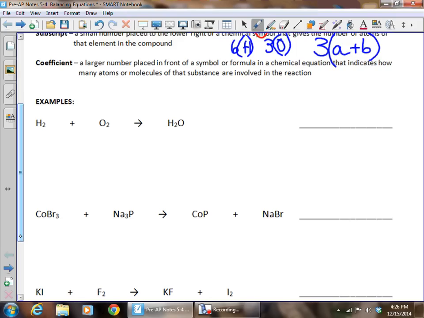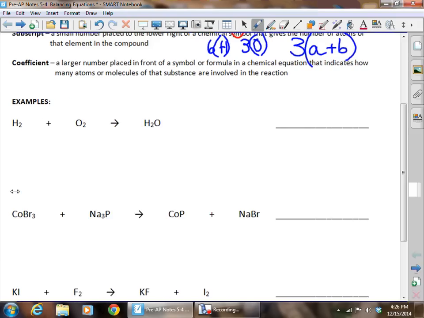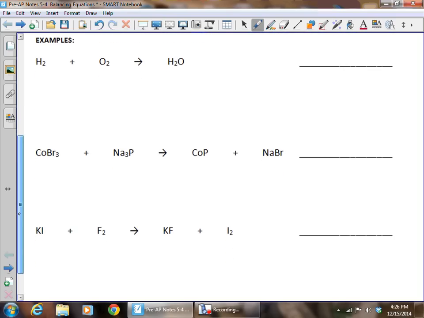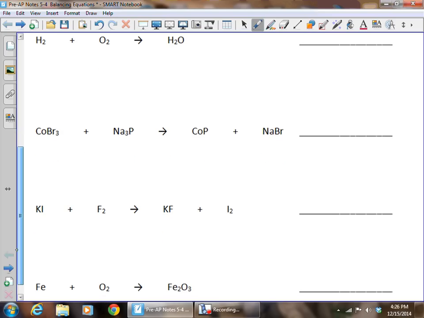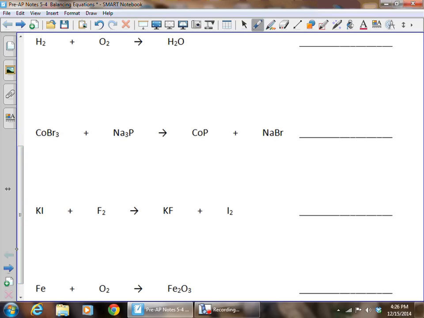The first thing I'm going to ask you to do is, on every single one of your examples, put a line or bar in front of the formula. This is going to help you make sure that when you balance this, you don't try to put numbers someplace where they don't belong.